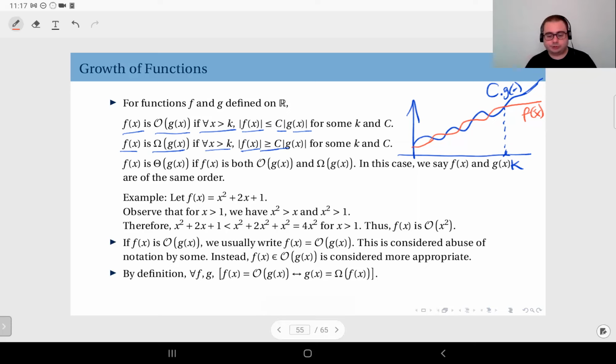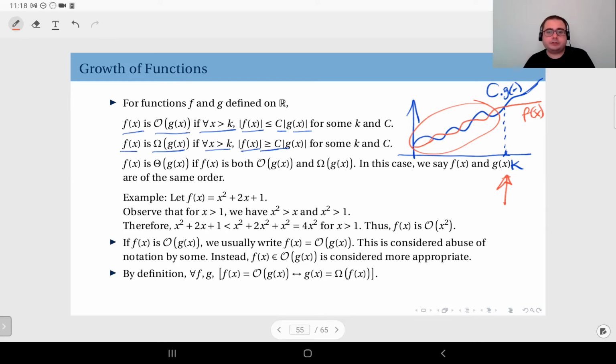So this is the terminology. If f of x is big O of g of x, this means f of x grows slower than g of x after some threshold, k here. So it doesn't really matter which one is greater below that threshold, but there is some threshold beyond which this behavior is settled.